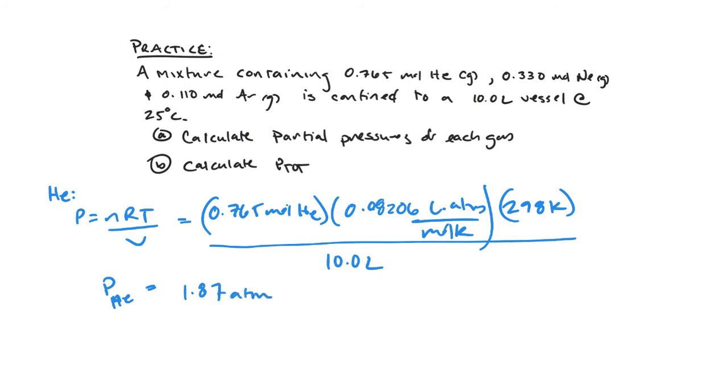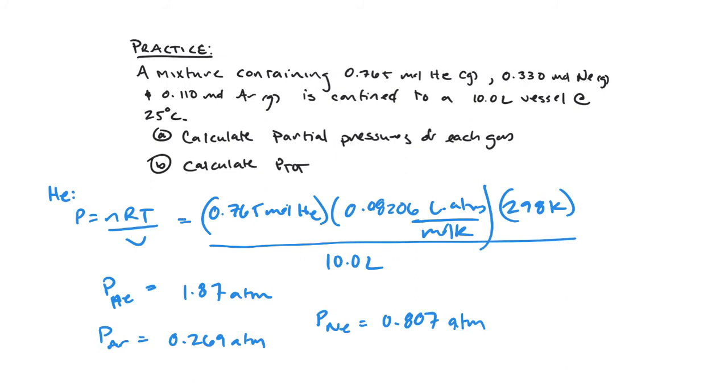Okay, so we follow the same process, just plug and chug with PV equals nRT, to calculate the partial pressures of the neon and the argon. So the partial pressure of the argon ends up being 0.269 atmospheres, and the partial pressure of the neon, following the same process, ends up being 0.807 atmospheres. In all of these cases, remember, we have 3 significant figures, because when you add the temperature, the Kelvin temperature, that becomes 3 sig figs.